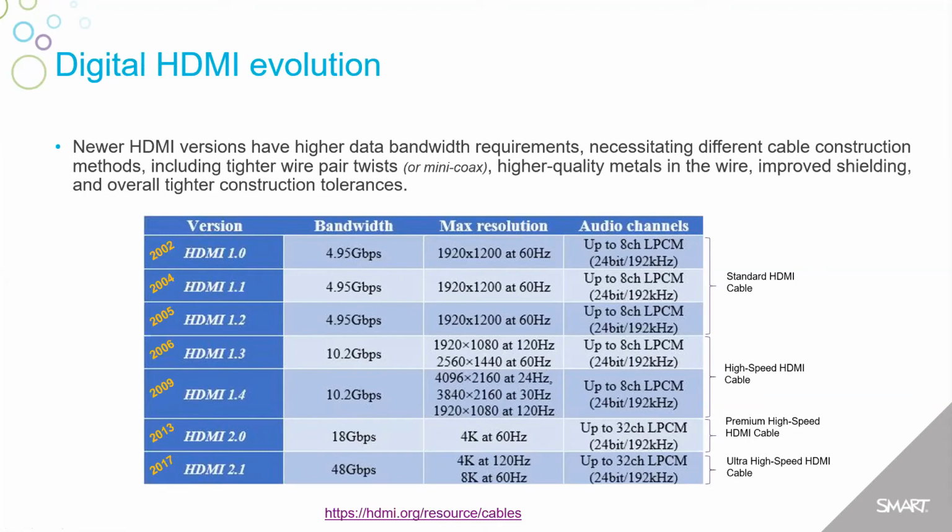Smart knows that a lot of schools and businesses do not buy the newest stuff right away. So all of our displays do not require a 48 gigabits per second ultra high speed HDMI cable. They only need a premium high speed HDMI cable rated for 18 gigabits per second.